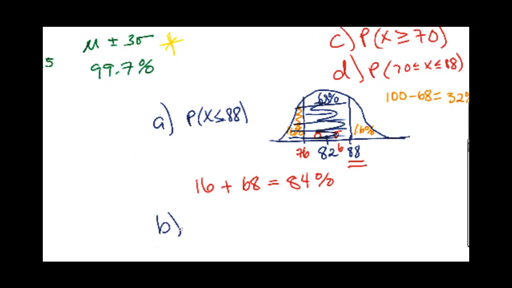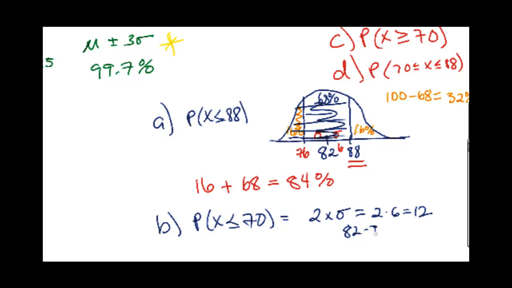B was less than 70. 70 is 2 standard deviations from the mean, right? Because 2 times sigma is 2 times 6, which is 12, and 82 minus 12 gets us our data point of 70.